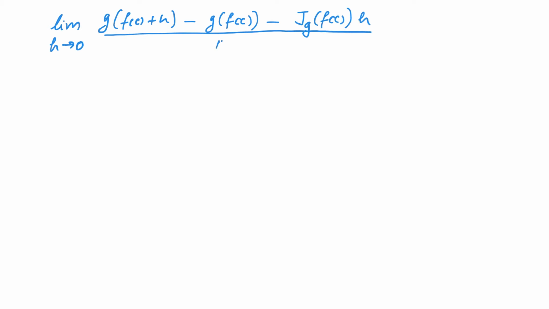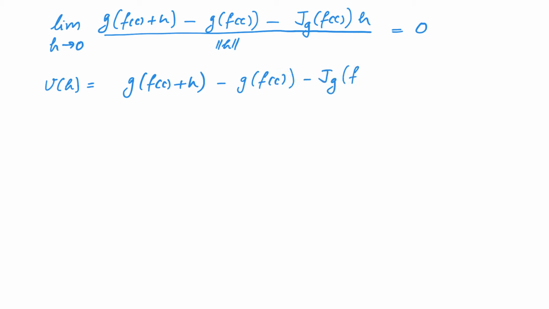Now we can get something very similar using the differentiability of g at f of C. It tells us that limit h tends to 0, g of f of C plus h minus g of f of C minus the Jacobian of g at f of C into h, whole divided by norm h, is equal to 0. Therefore, if you define v of h to be equal to g of f of C plus h minus g of f of C minus the Jacobian of g at f of C into h, whole divided by norm h, then we can observe that v of h tends to 0 as h tends to 0.